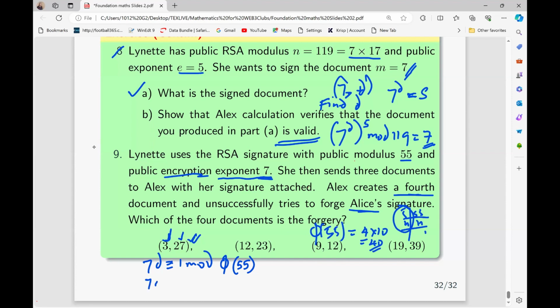So 7D is congruent to 1 mod 40. Now, we want to find D. We are using the extended Euclid's algorithm. We are saying 40, 7 goes there 5 times, and the remainder is 5. And then 5 into 7 will be 1.